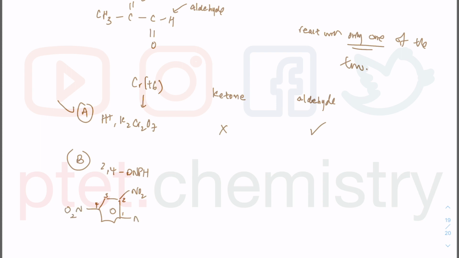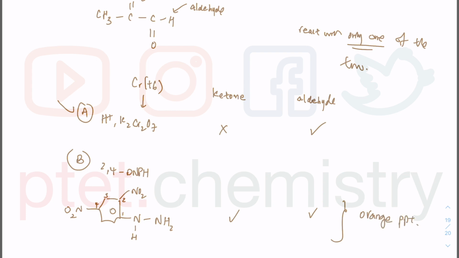You have a 2,4-dinitrophenylhydrazine. So this is a hydrazine, NH and NH2, and then bonded to another one. Okay, phenyl refers to this benzene ring there. And they will react with ketone and aldehyde. You will get an orange ppt.